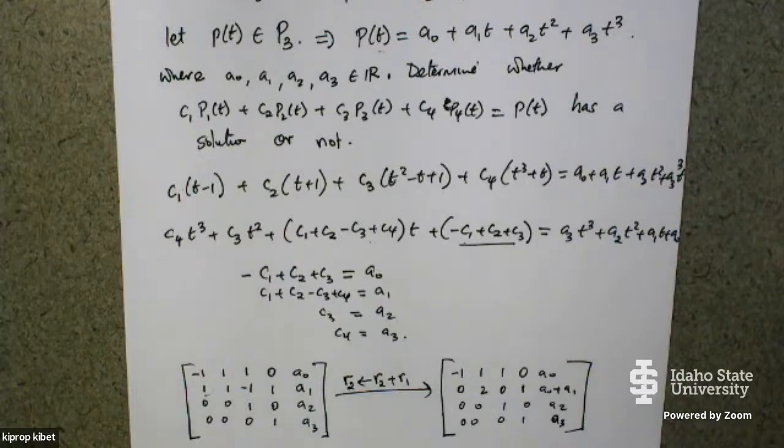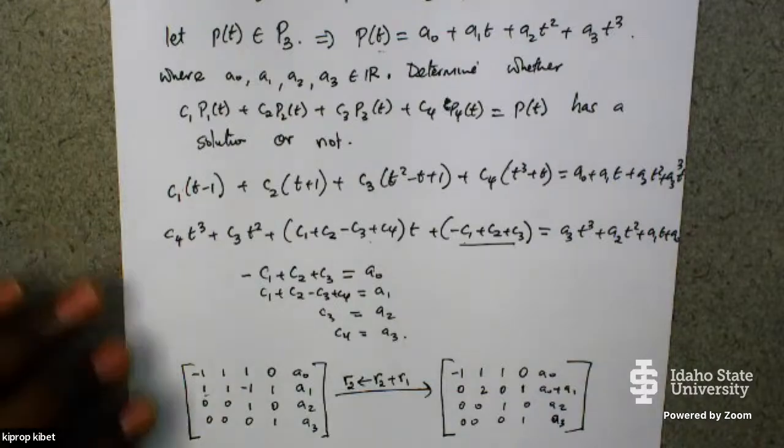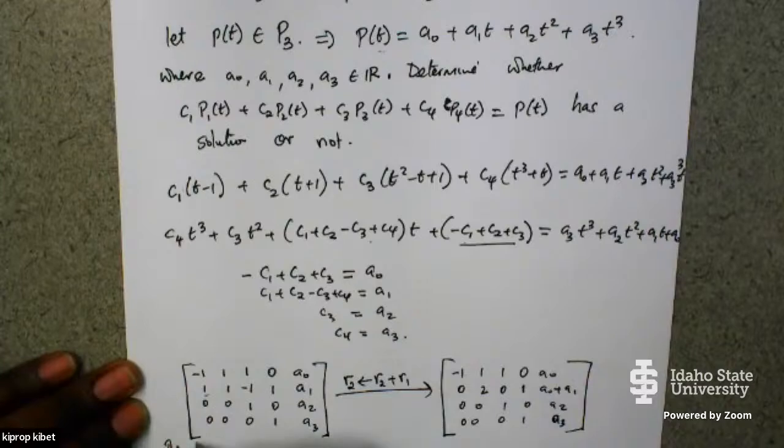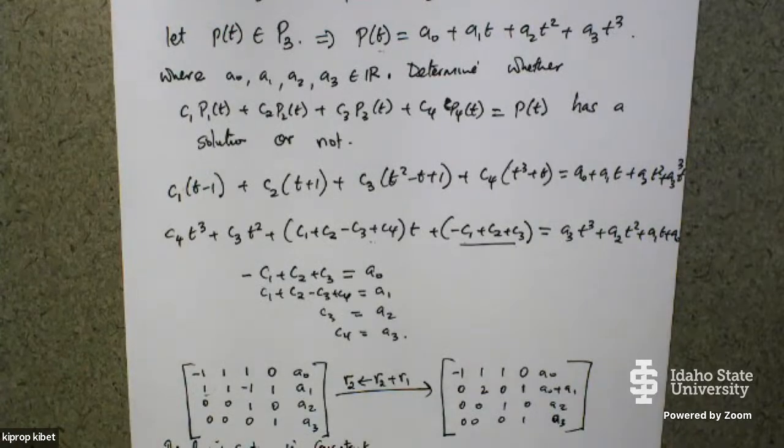So we can see that the linear system is consistent. It is consistent because we have pivot positions in each of the rows.